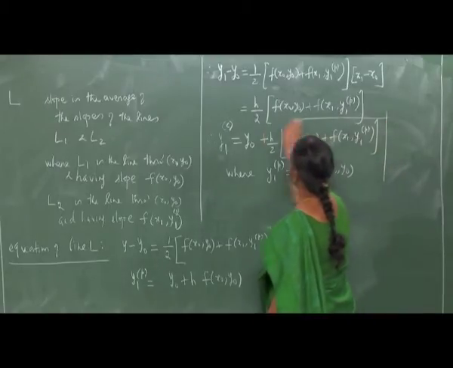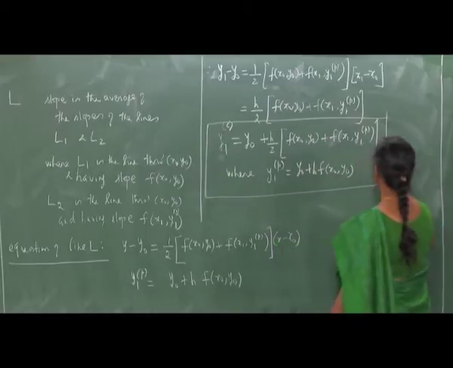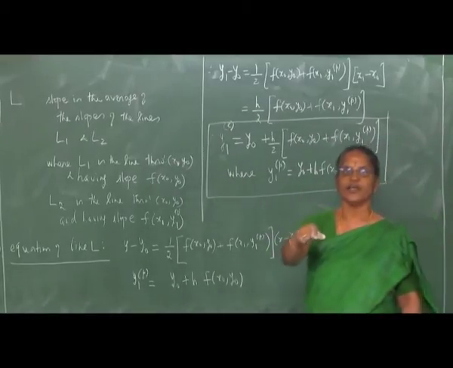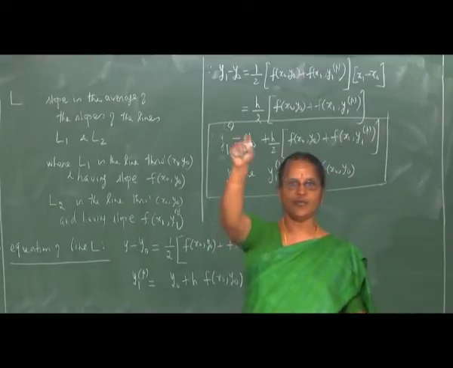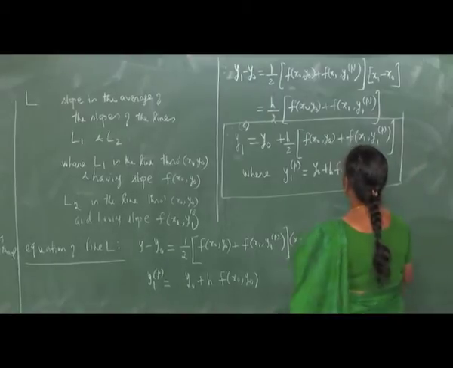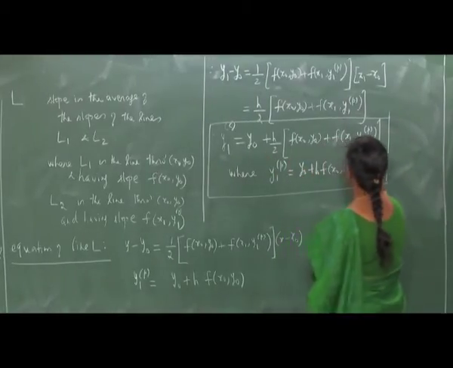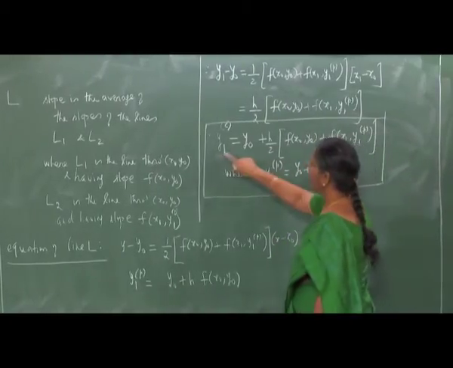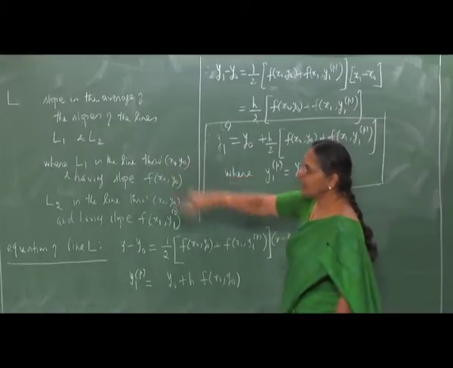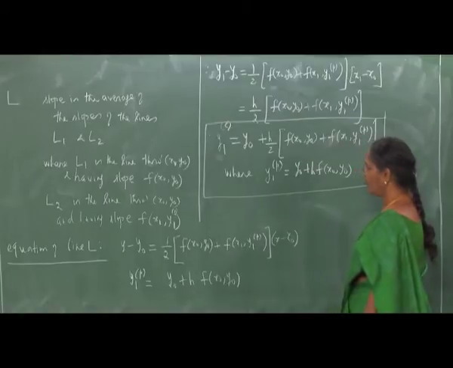So, this is the step that you should use to find the solution at x1, namely y1. So, you have a predicted value of y1 and a corrected value of y1, which give you values at the point x1.